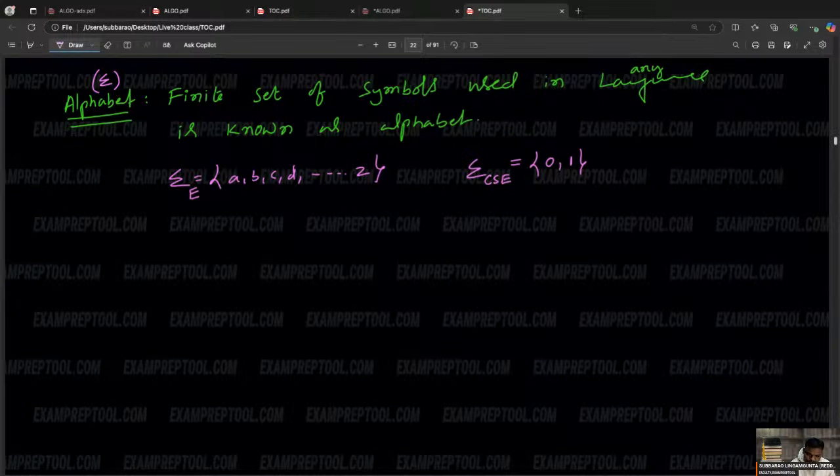Next one, sigma for the Hindi language is equal to... I think I don't know. This is the first letter, I'm sure. This is the second letter, that also I'm sure. Please, can you let me know what is the last letter?